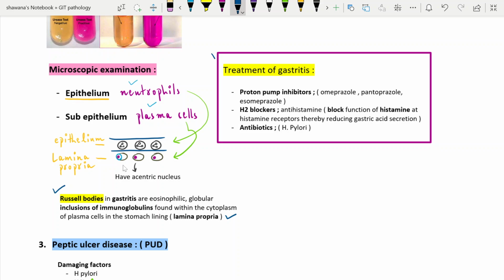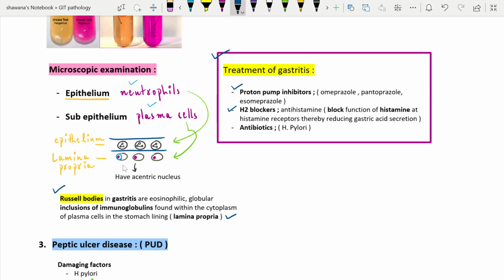What is the treatment for gastritis? This is just for an extract: treatment for gastritis includes proton pump inhibitors, all of our prazoles, omeprazole, pantoprazole, esomeprazole. These are proton pump inhibitors and they work by inhibiting gastric secretion. The second is H2 blockers.